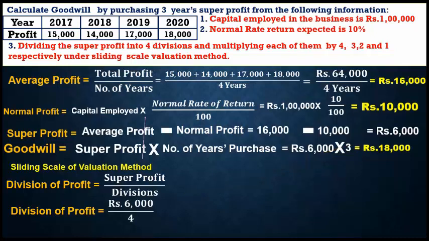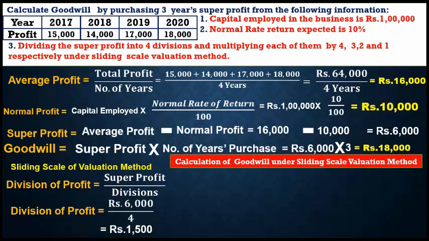Clearly given in this problem, 4 divisions. If there are 3 divisions, you have to take 3 divisions. If there are 4 divisions, you have to take 4 divisions. Now division of profit is equal to rupees 6,000 divided by 4. What is the answer? Rupees 1,500. 6,000 divided by 4. What is the division of profit? Rupees 1,500.